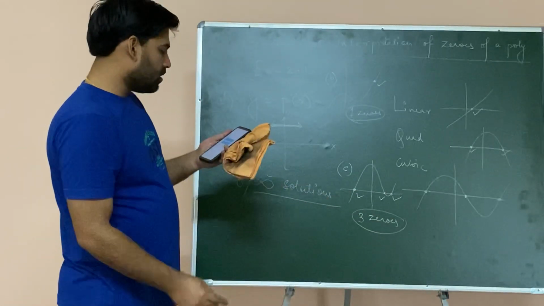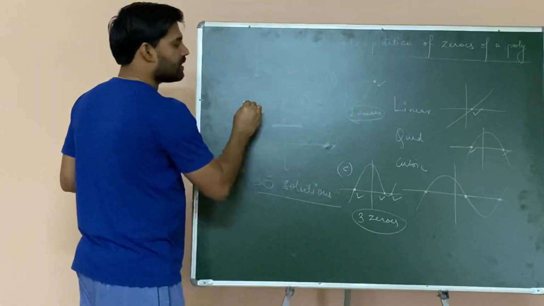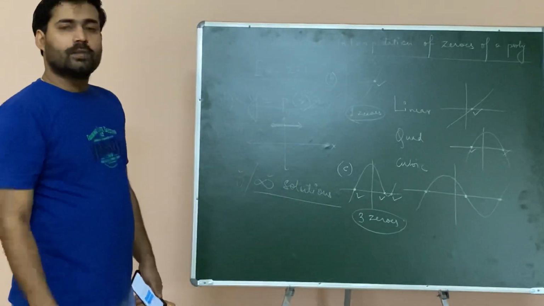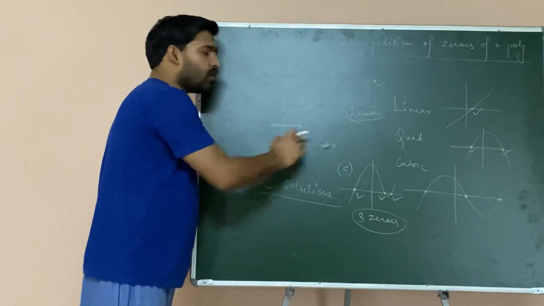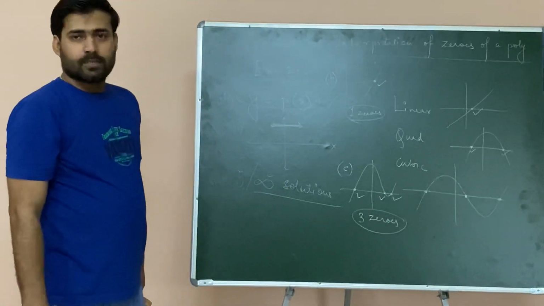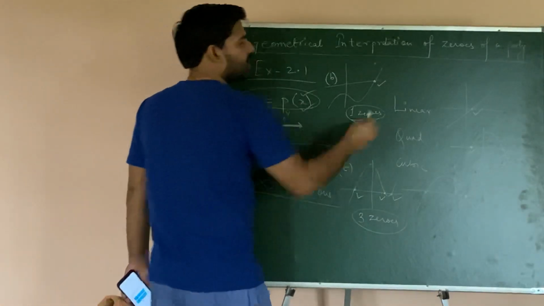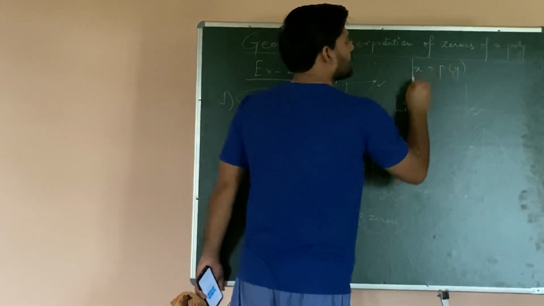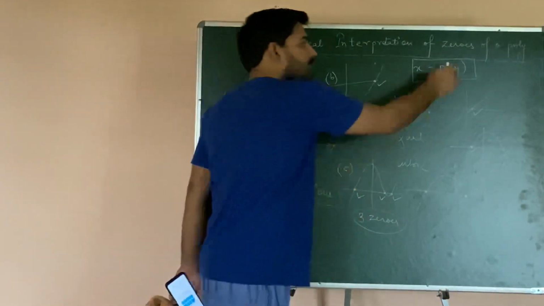So these are the questions, and this is what you have to understand. First of all, the polynomial is defined in terms of which variable? The variable is x. So based on x, you will say at what point the x-axis is intersected. Similarly, if I change the question like this and say x is equal to p of y, now the variable is y.